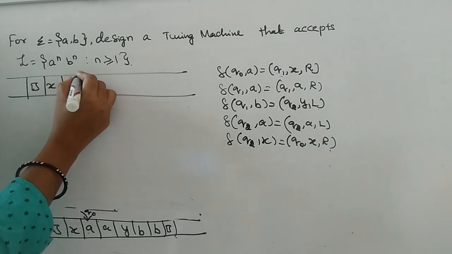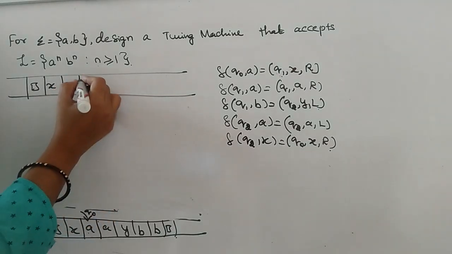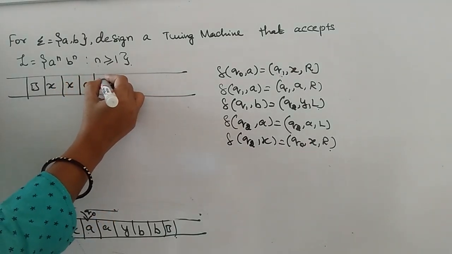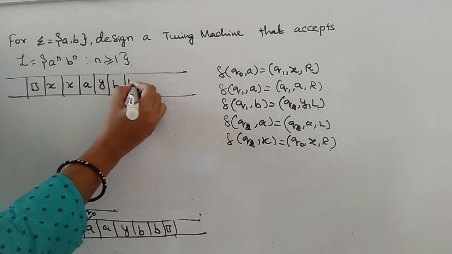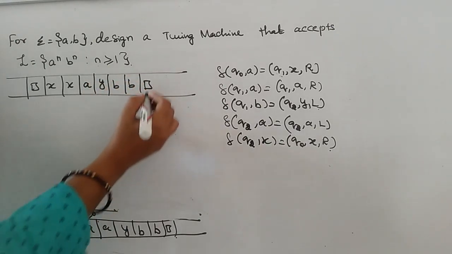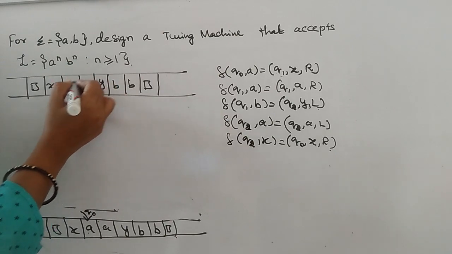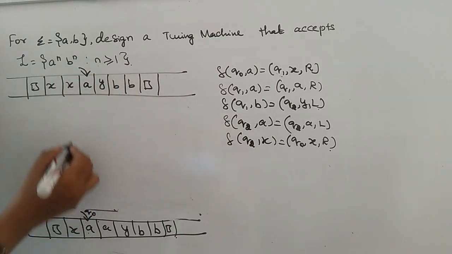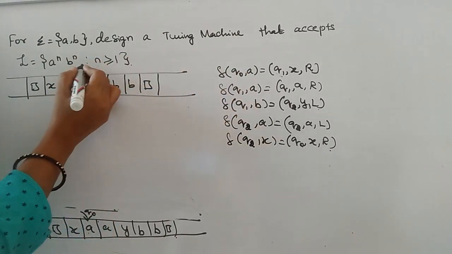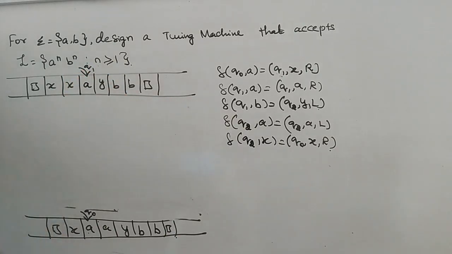That means here we will get X, A, Y, B, B, and then the blank symbol. Now the read write head is pointing to A and the machine is in the state Q1.